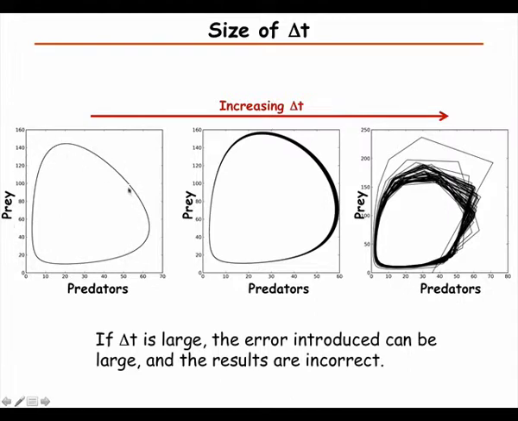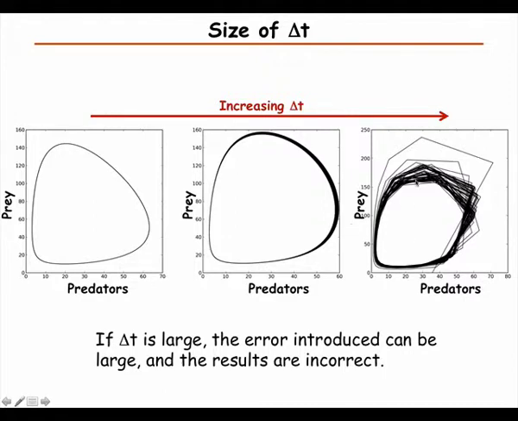But if we start increasing t, we see that there is a slight deviation here. It's still pretty stable, but sometimes it goes further in, sometimes it goes further out.